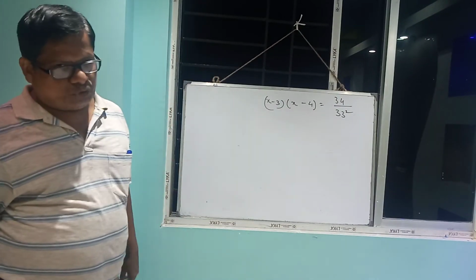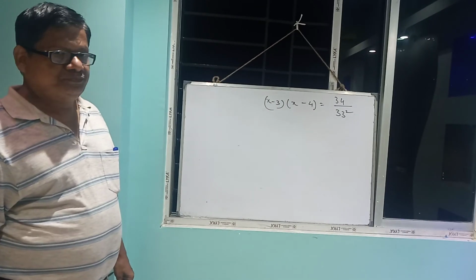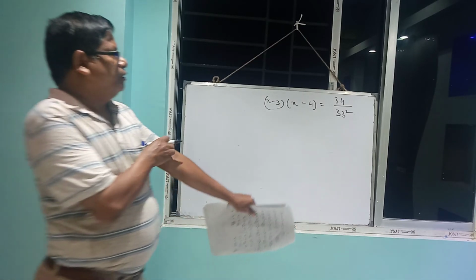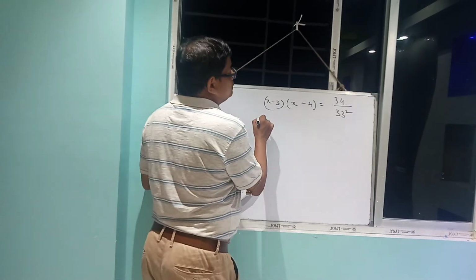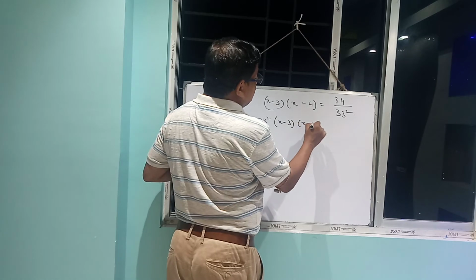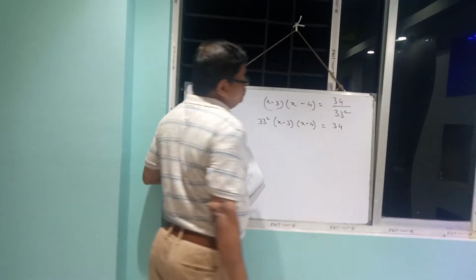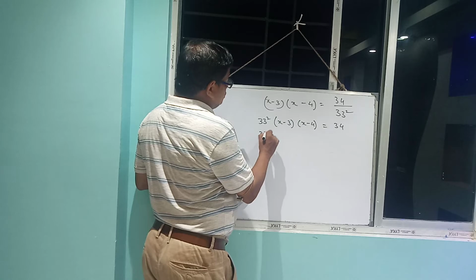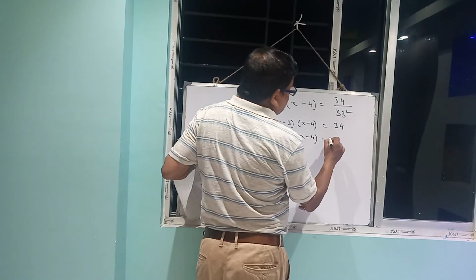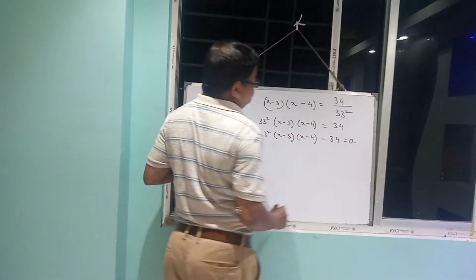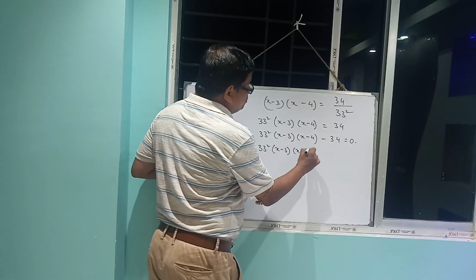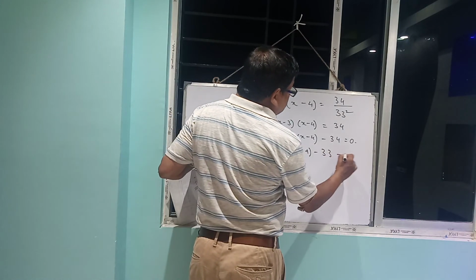Find the value of x. How to solve? See, we can write here 33 square into (x minus 3)(x minus 4) equal to 34. So 33 square (x minus 3)(x minus 4) minus 34 equal to 0. Now write 33 square (x minus 3)(x minus 4) minus (33 square minus 1) equal to 0.